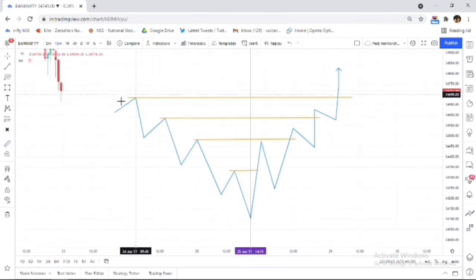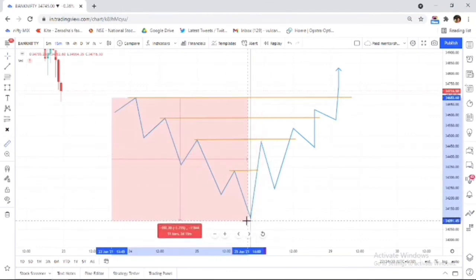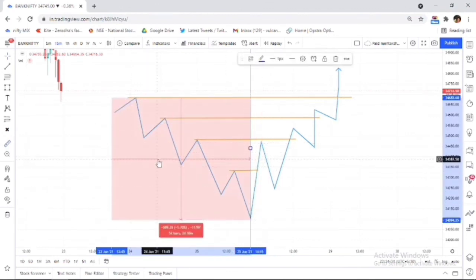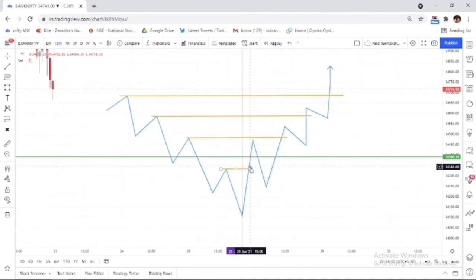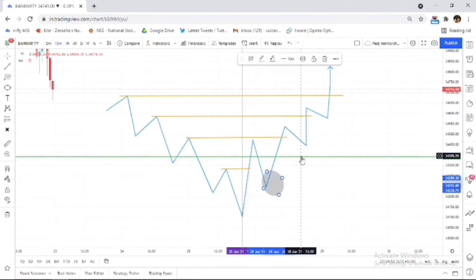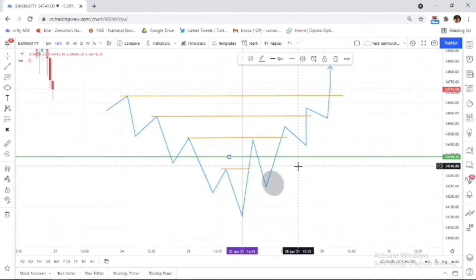You can also enter this with the Fibonacci. Now this is an important point to consider. Always divide your price leg by 2, and this is again your equilibrium. Above equilibrium you should avoid buying entries because that is your premium zone and price is already above.